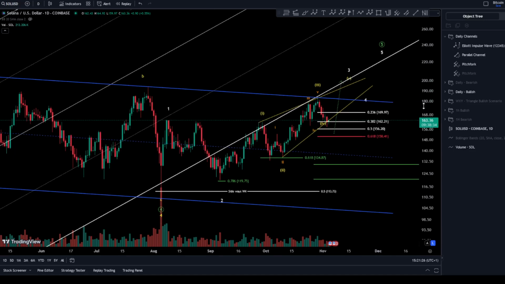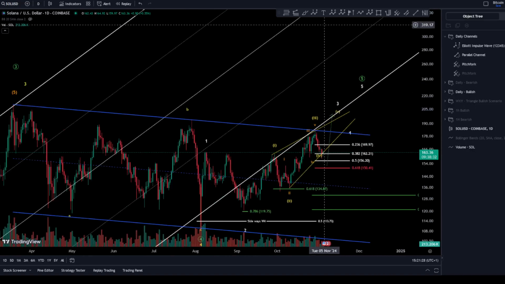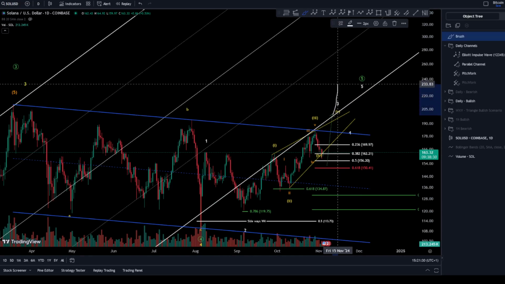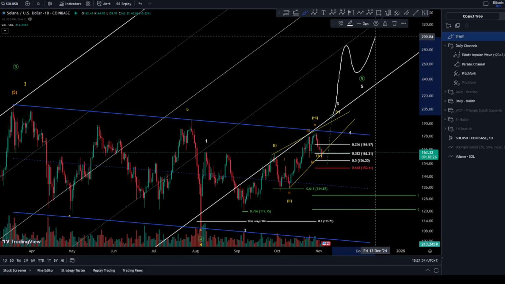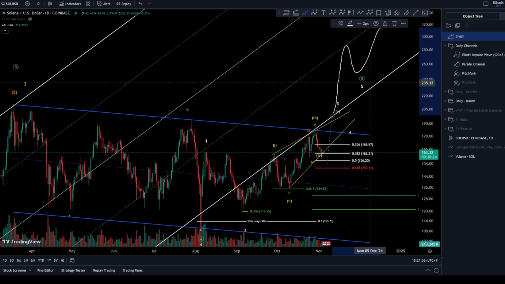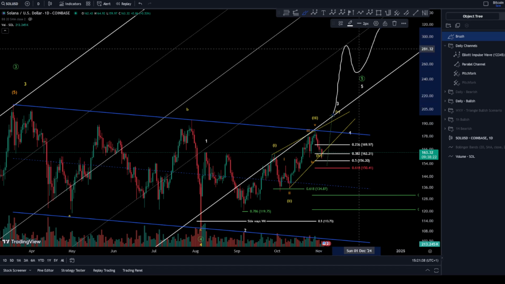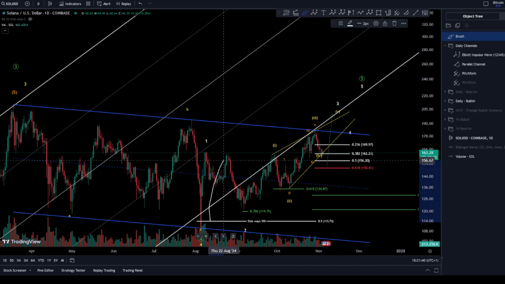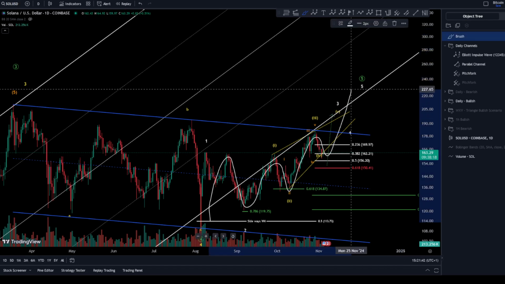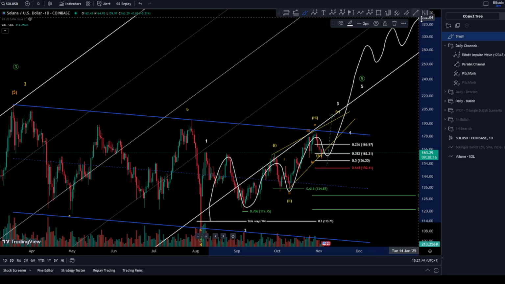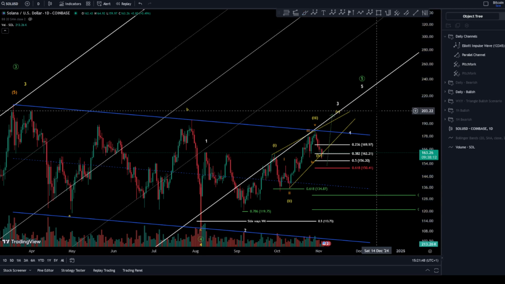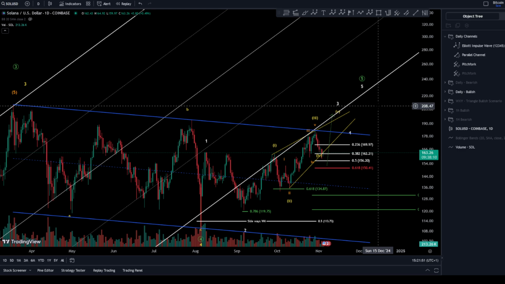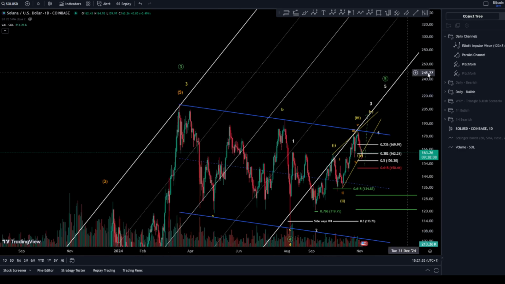What would be nice to see inside your wave 5 is a wave 3 going inside your acceleration channel and then ranging inside it for several 4, 5s, because don't forget, we have several 1, 2s here. We're looking for 3, 4, 5, 4, 5, 4, 5, where we might even reach higher than $200 or $300 for Solana.